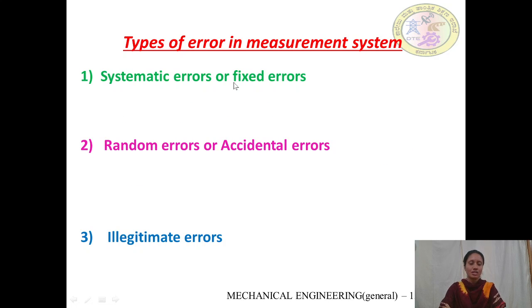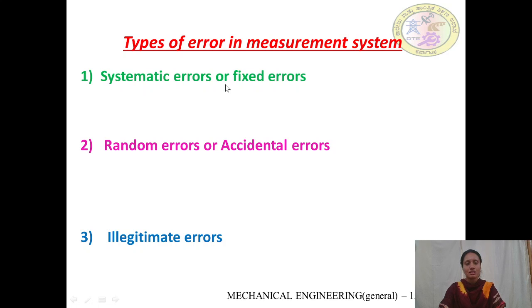Systematic errors will have definite magnitude and direction, and they will appear regularly when the measurements are done. We need to find the systematic errors with the help of calibration, so we need to calibrate measuring instruments at regular time periods.